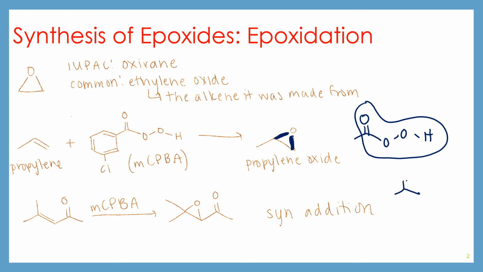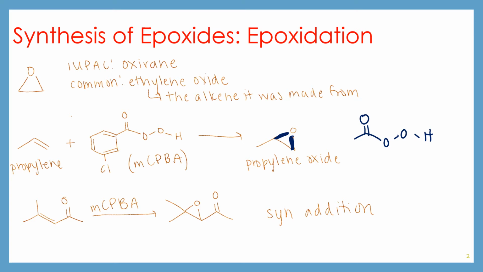It's a carboxylic acid that has one extra oxygen in there. And it's reacting with an alkene, it's going to make an epoxide. That's what this functional group does with alkenes. So we're not just looking for MCPBA, we're looking for any peroxycarboxylic acid. It's just MCPBA is really, really common.